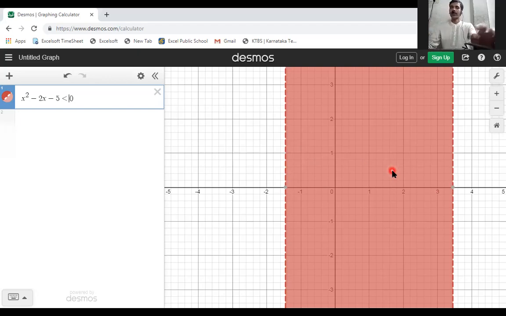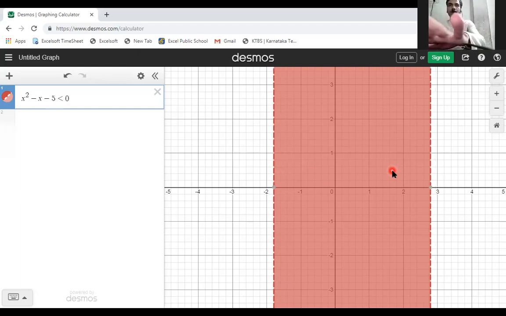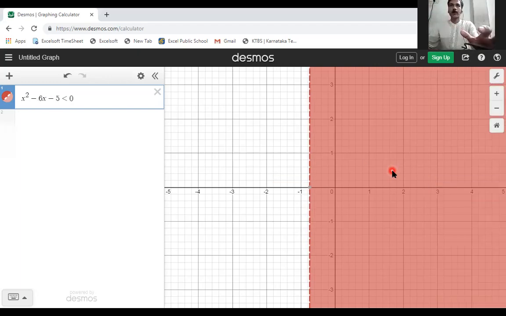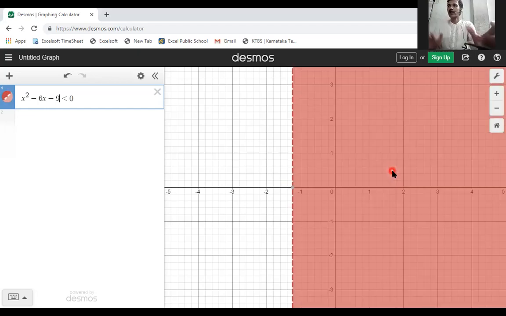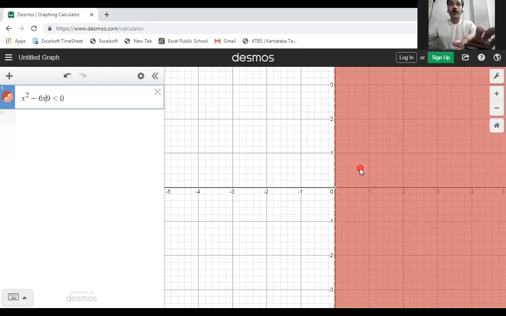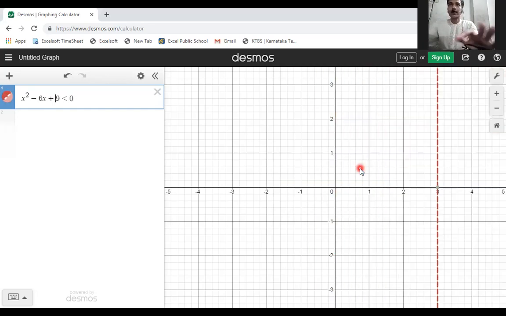Okay, one more equation what we have solved. x square minus 6x plus 9, that is x minus 3 whole square. Which region is it taking?